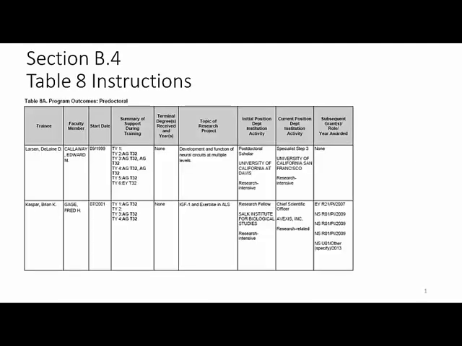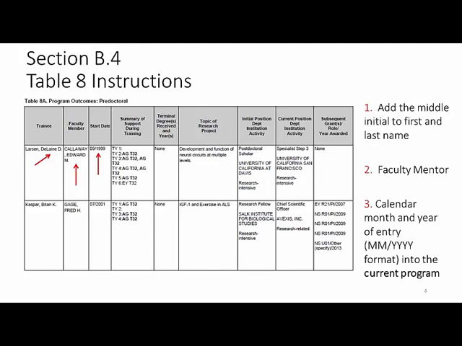So actually going through the table, you're going to be listing the trainee's name and then that faculty member, that mentor. So that's not the project director. That is actually the mentor of that participating faculty for that trainee. When they started in the program.